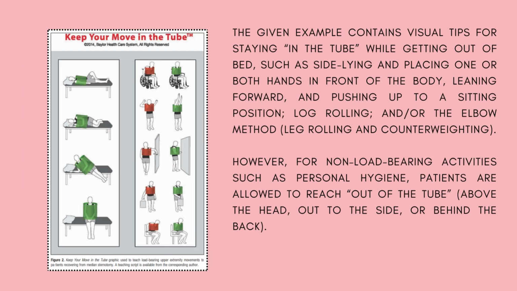So, if you look at this picture, for example, if the patient has to come out of the bed, he is asked to bend one of the legs and turn to the side, so the patient is lying on his right side, and he can use his left arm to sit up at the side of the bed.